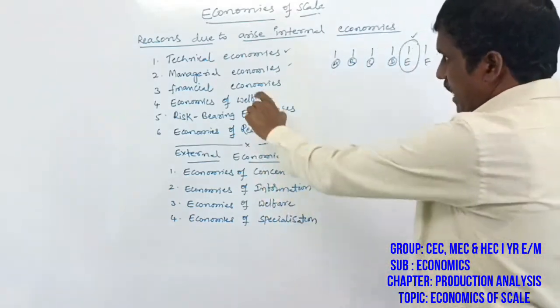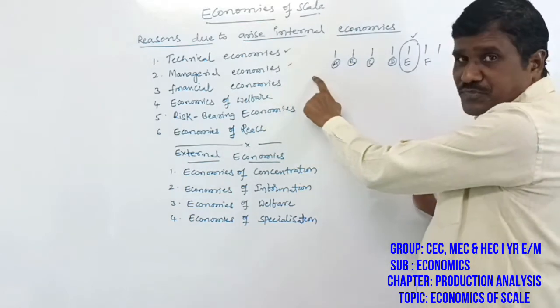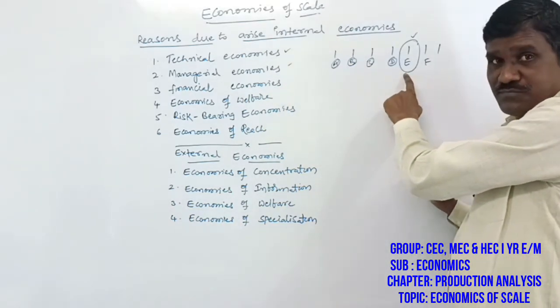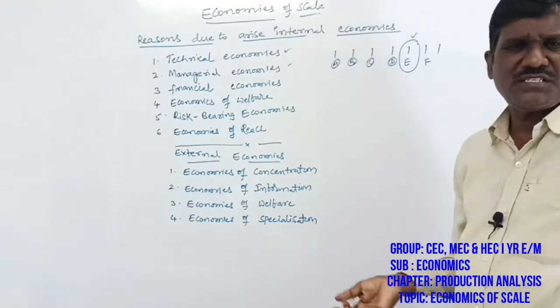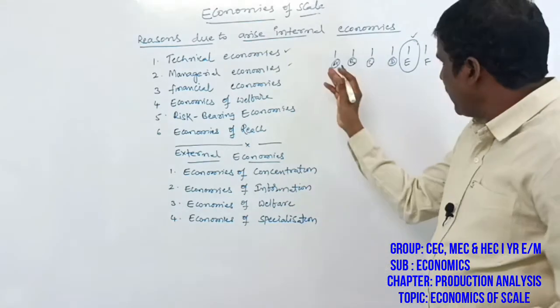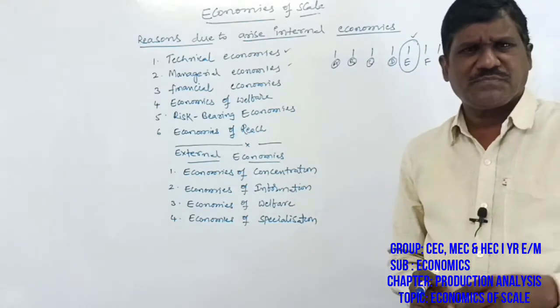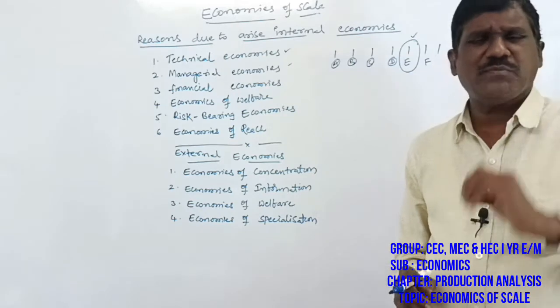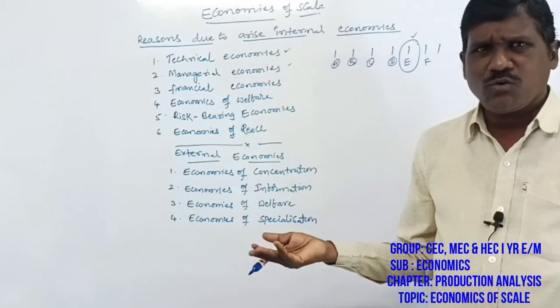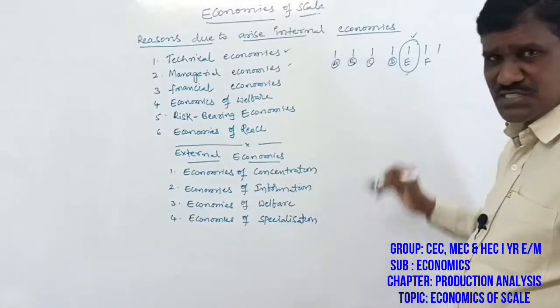Due to the efficient, skilled manager, the E firm is getting more profits. The remaining firms do not have proper management or skilled management, so they have low productivity while the E firm gets more profits.